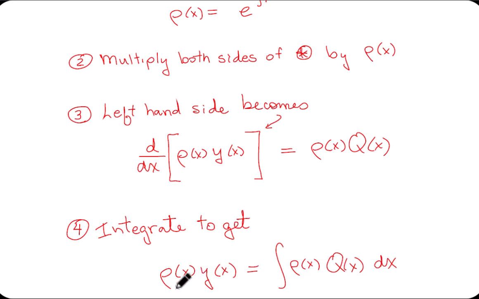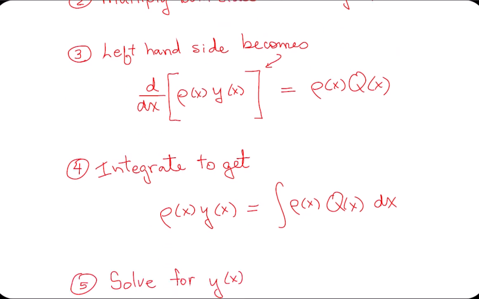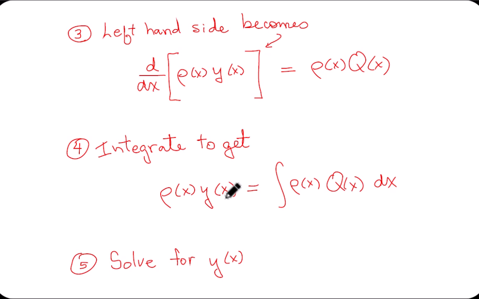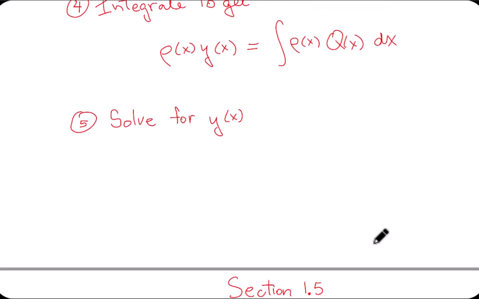If I then divide by my integrating factor, we figure out what y is: y is 1 over rho of x times this particular integral. In practice, it's not too bad. When we look at some application problems, it can become complicated. So let's take a look.